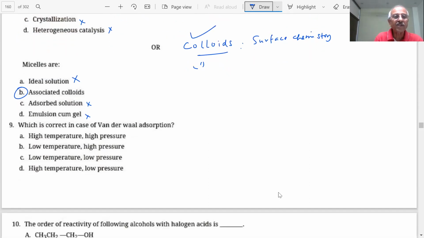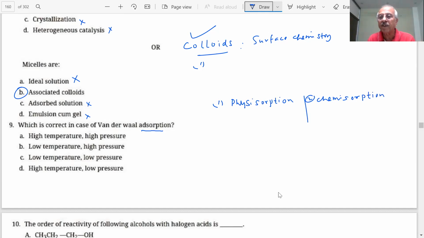Which is correct in the case of van der Waals adsorption? Van der Waals adsorption, students. We have told you two types of adsorption: physisorption and chemisorption. Very important. And you know what is the difference? In physisorption, the molecules accumulate at the surface by weak van der Waals forces. In chemisorption, chemical bond formation takes place.